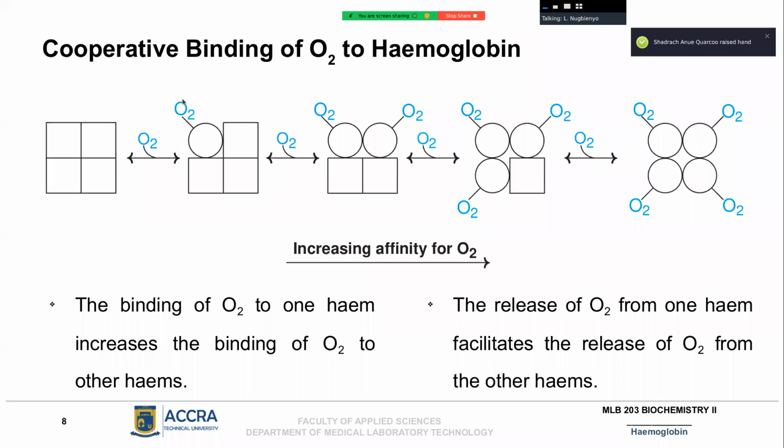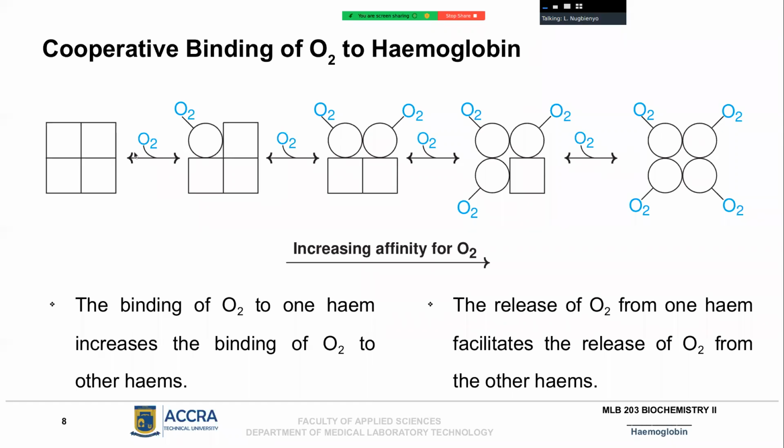So we are looking at the cooperative binding of oxygen to hemoglobin. And we say the binding of oxygen to the heme in hemoglobin increases when you have the first molecule of oxygen coming to bind to the hemoglobin.